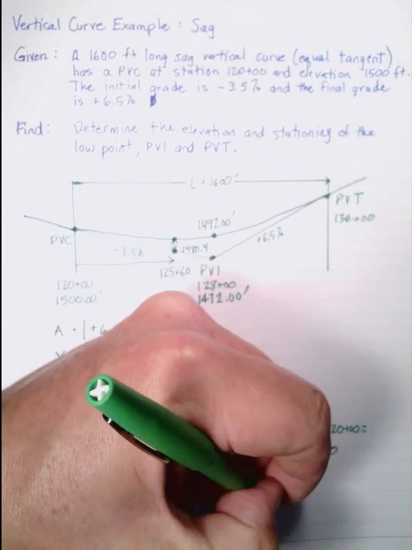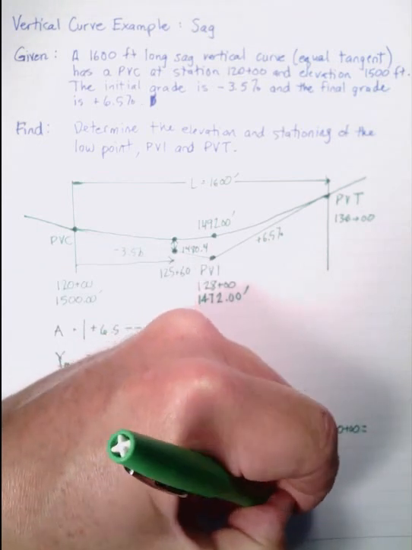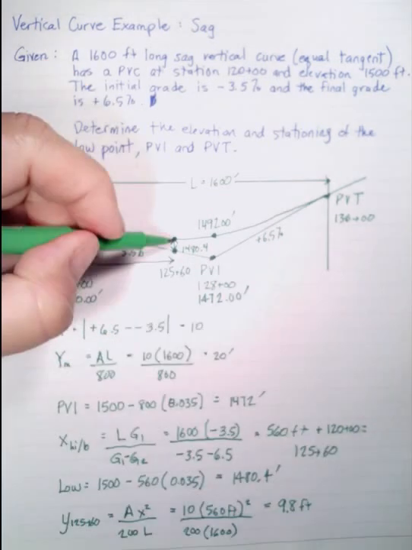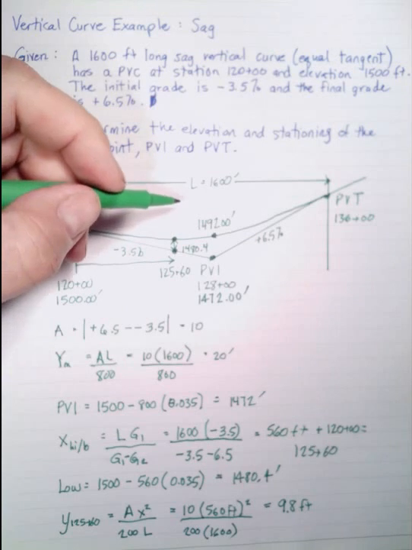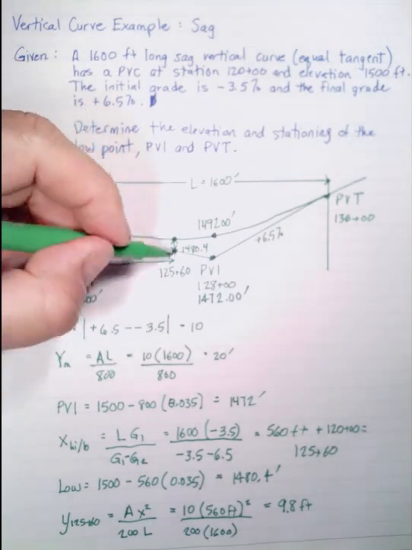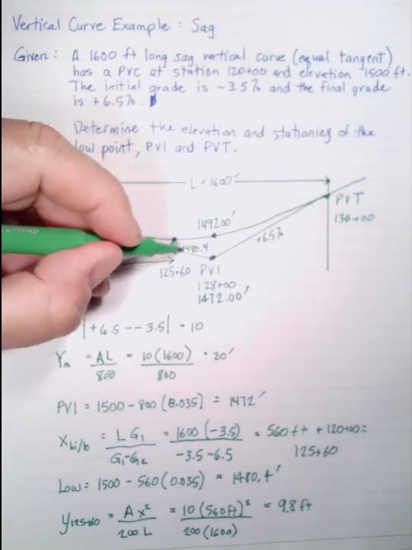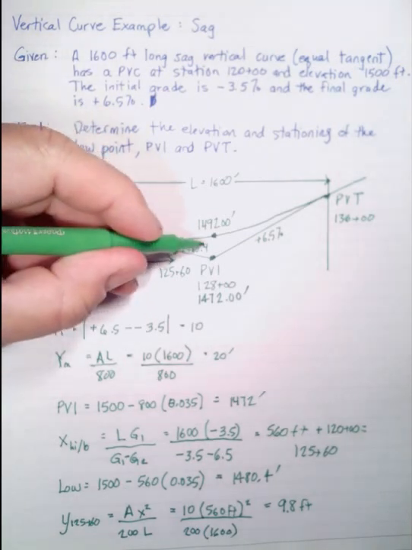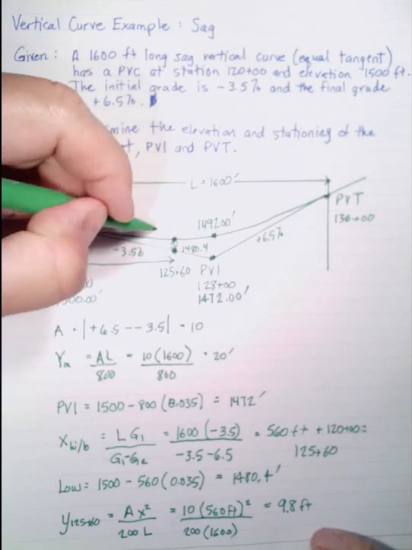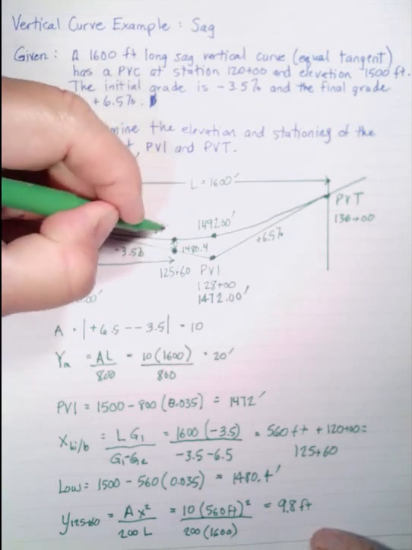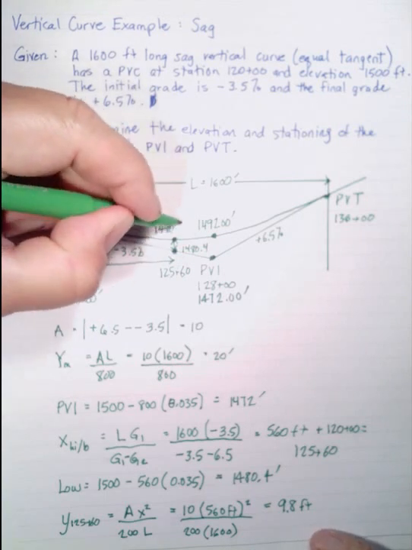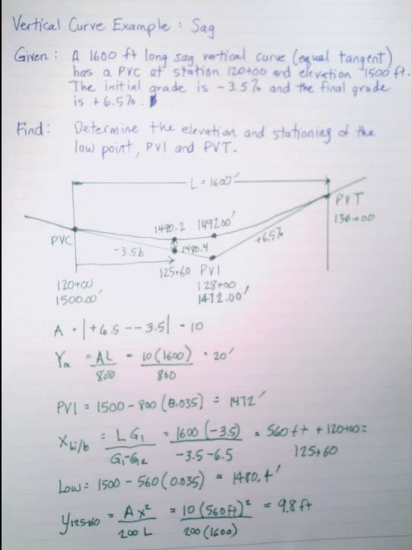So Y is 9.8 feet. So that's the value of the offset. So the elevation of the low point on the curve is 1,480.4 feet plus 9.8 feet. So we can do that kind of in our head, 1,490.2.